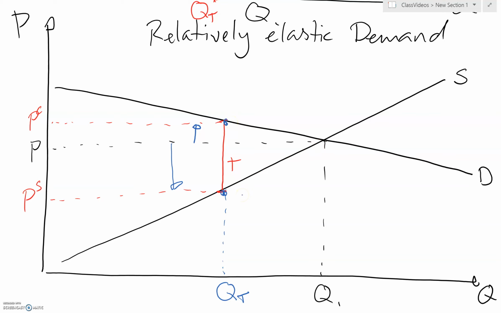So suppliers here are going to see a much larger drop in prices than consumers are going to see increases in prices. So in this situation, we can say that producers pay most of the tax.